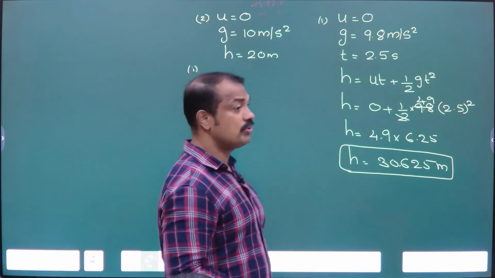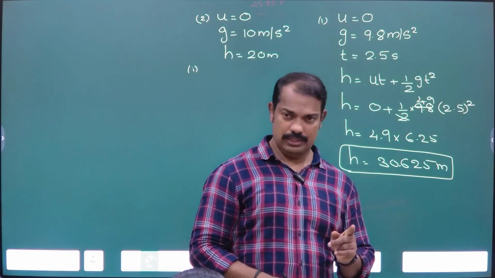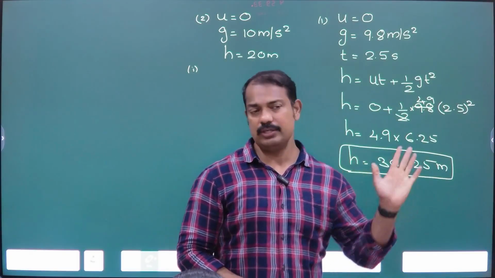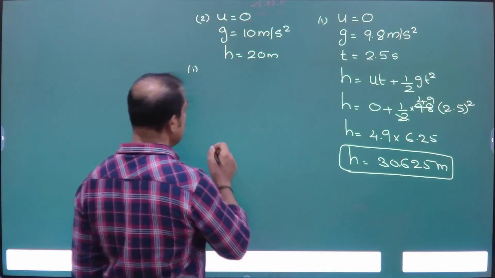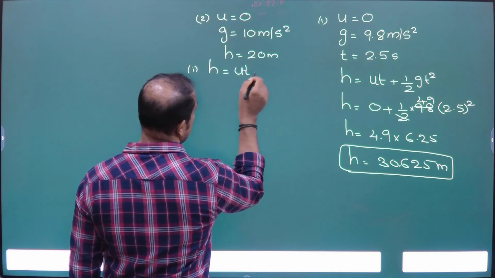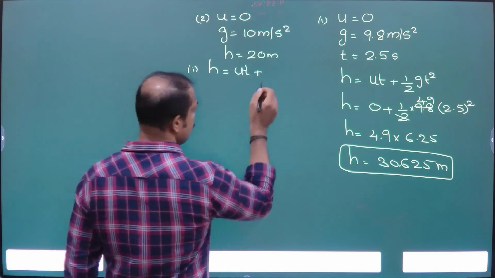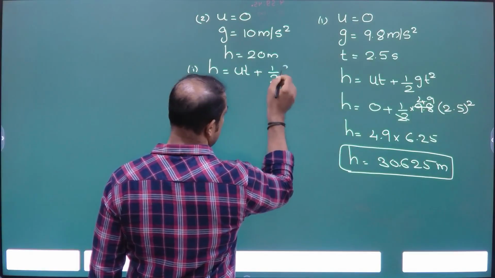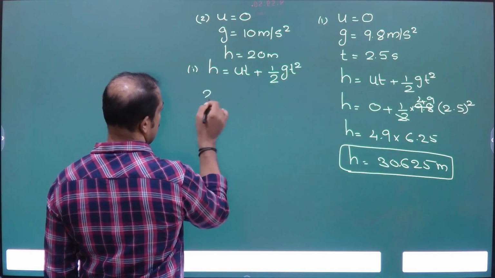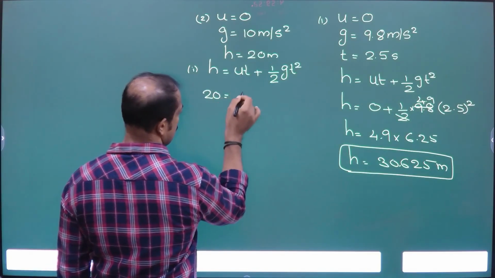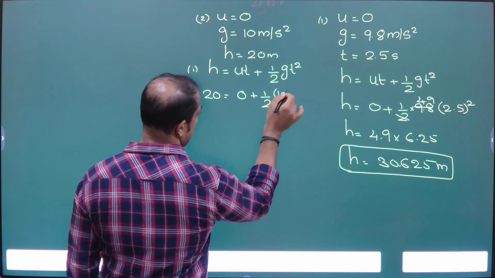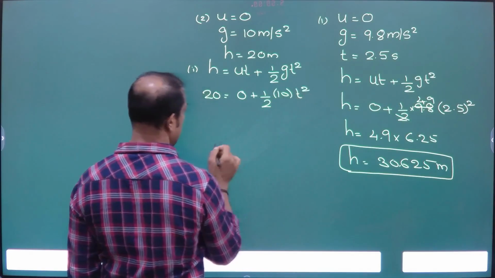टाइम फाइंड करना है, कौन सा फॉर्मूला? Second equation. h की माने टाइम फाइंड करना है और टाइम की माने h फाइंड करना है, always apply second equation of motion. What is second equation of motion? h is equal to ut plus half gt squared. What is h? 20. u 0 plus half g, 10 into t square.